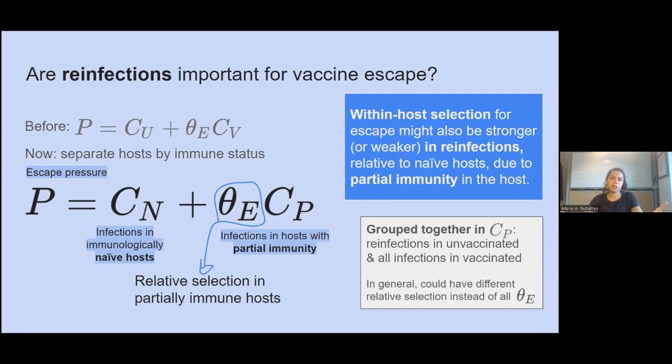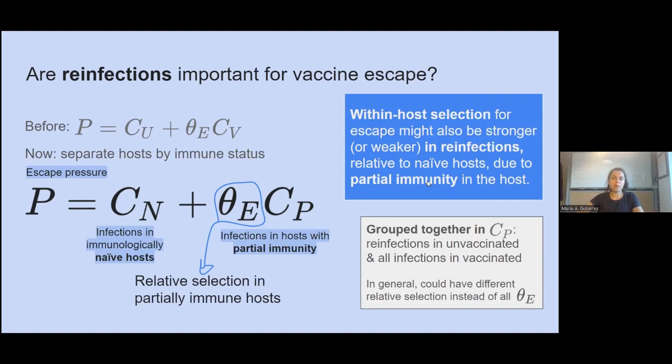And the biological motivation for studying reinfections in this context of vaccine escape is that the same evolutionary argument, the same phylogenetic argument, can also be applied to hosts that have immunity from a past infection. Because if they get infected again, that might also increase selection for escape strains.